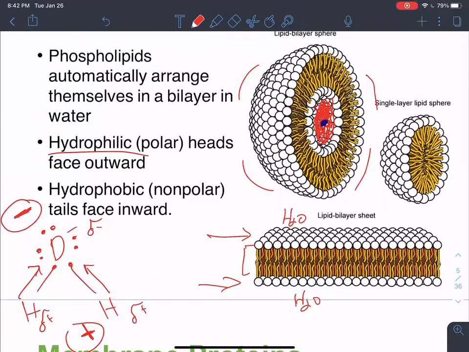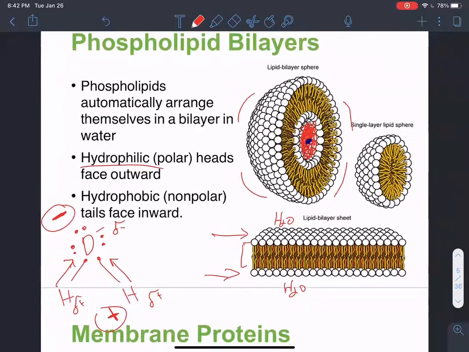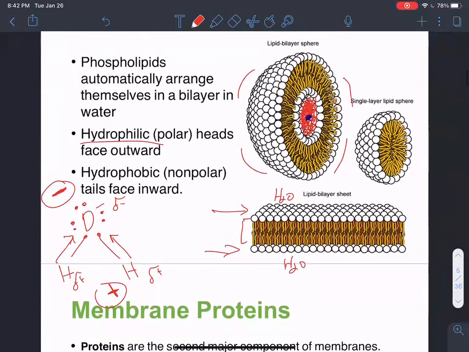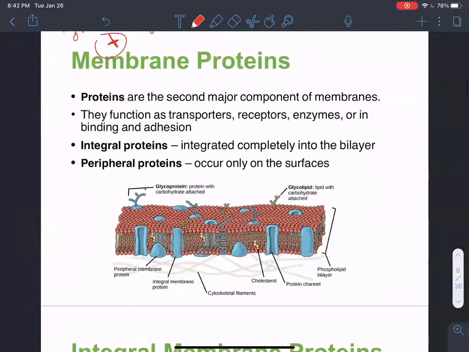Therefore, hydrophilic heads are polar and they're going to face outwards to touch the water. Hydrophobic, you're fearful of water. You hate it. And that's non-polar. That's the tails. They face inward. They do not like touching water. So you've got to get this concept straight. Hydrophilic, hydrophobic, you need to understand what is polar, what is non-polar. Water, polar. And that kind of explains everything else.